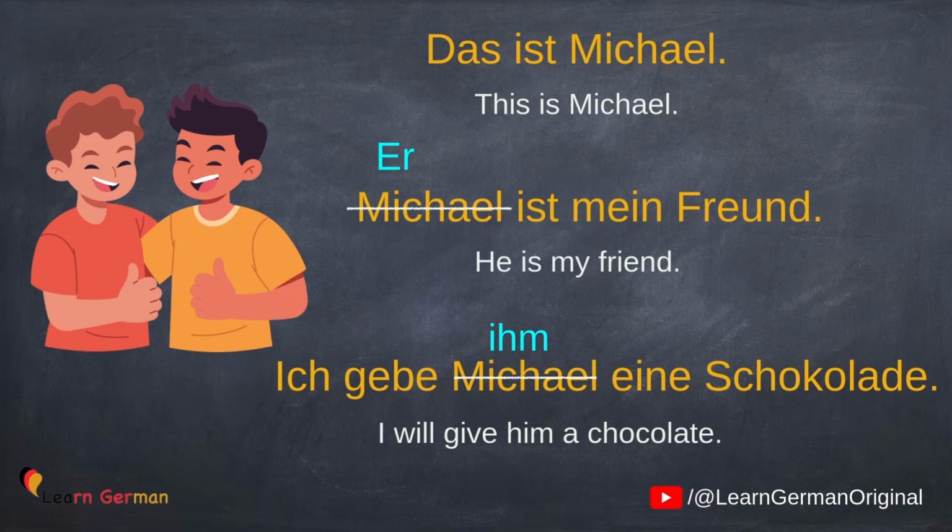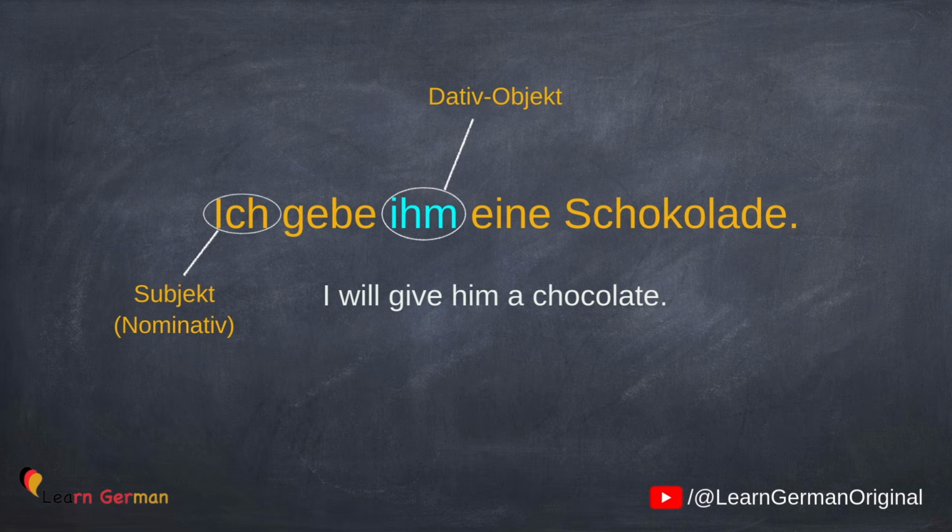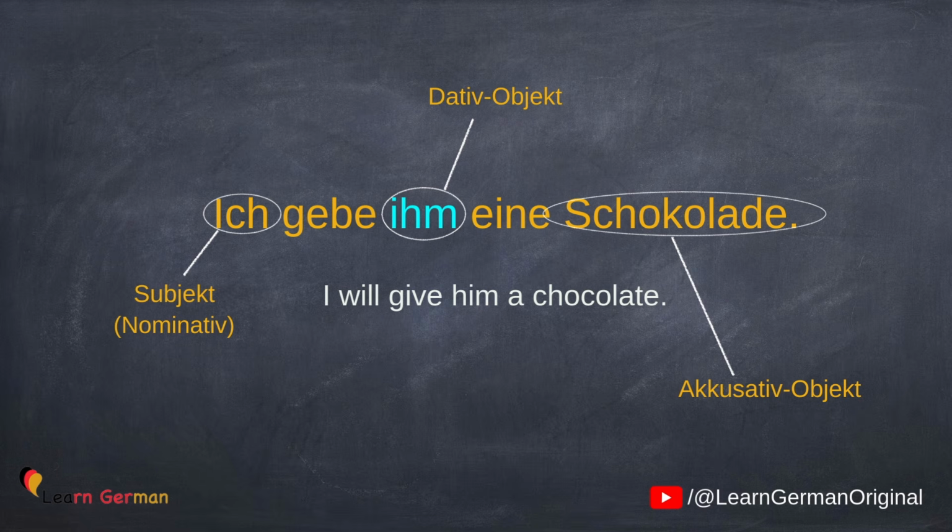Why are we using ihm? Because Michael in the sentence is the dative object. So we need to use a dative personal pronoun. Let's look at the sentence again to understand it better. Ich gebe ihm eine Schokolade. In this sentence, ich is the subject, hence nominative. There are two objects, eine Schokolade and ihm.